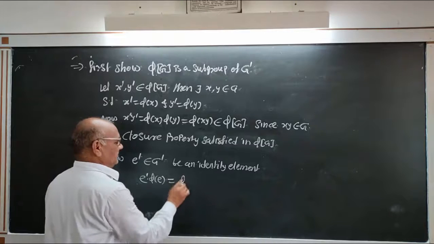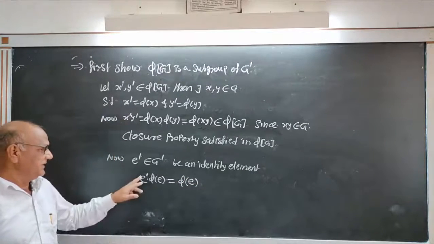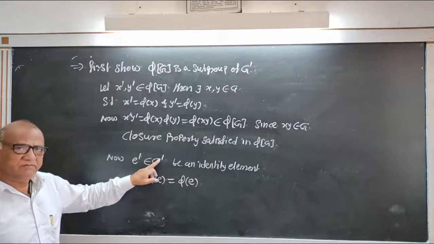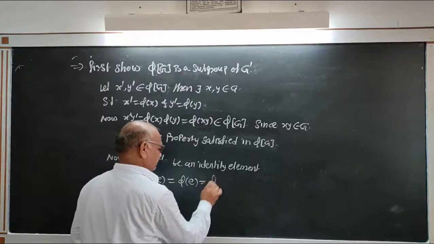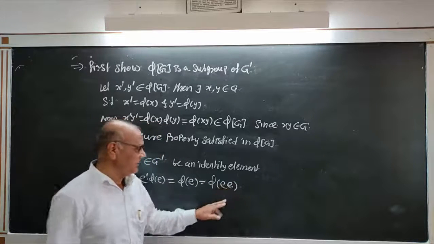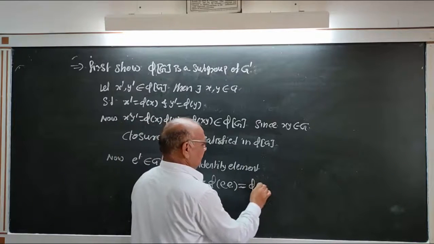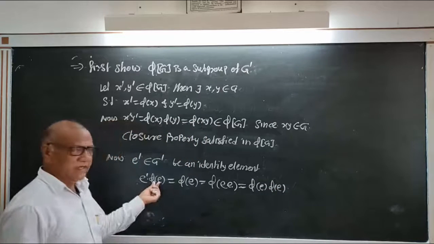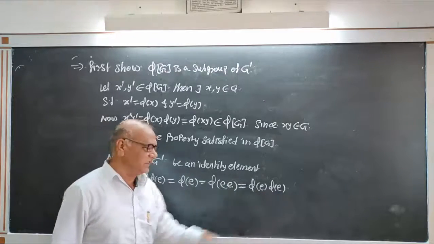Again, phi of E can be written as phi of E into E, which by the homomorphic condition is phi of E into phi of E. By the right cancellation law, phi of E gets cancelled.